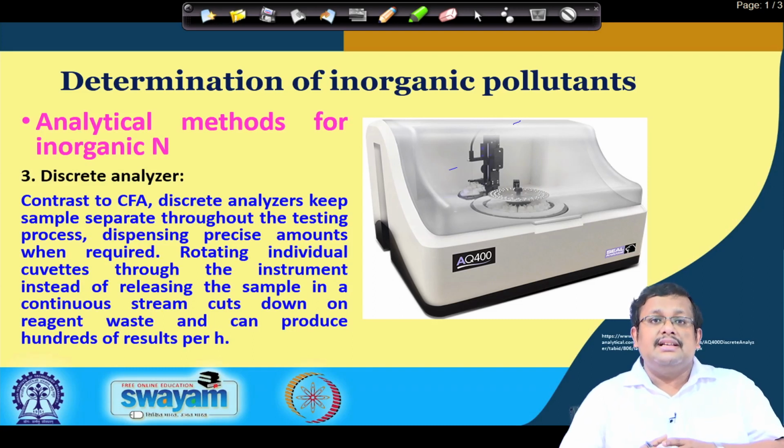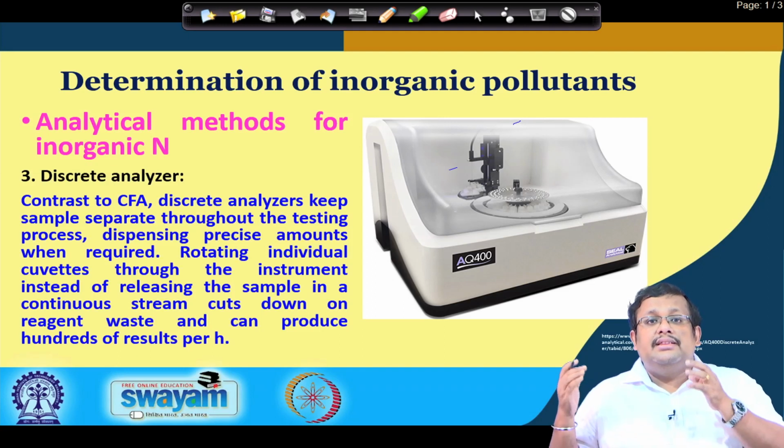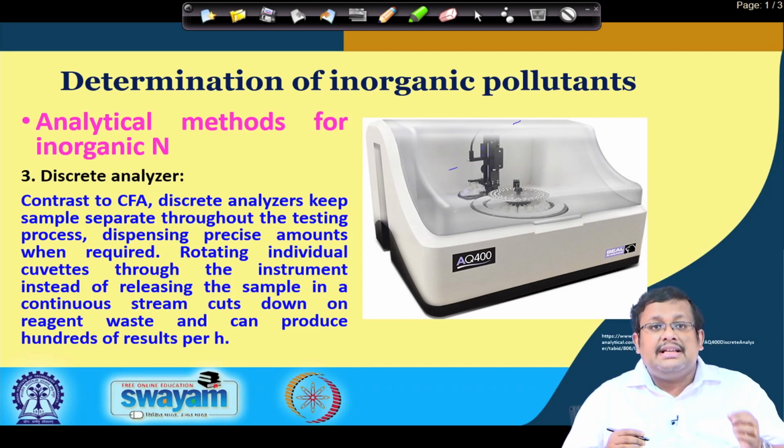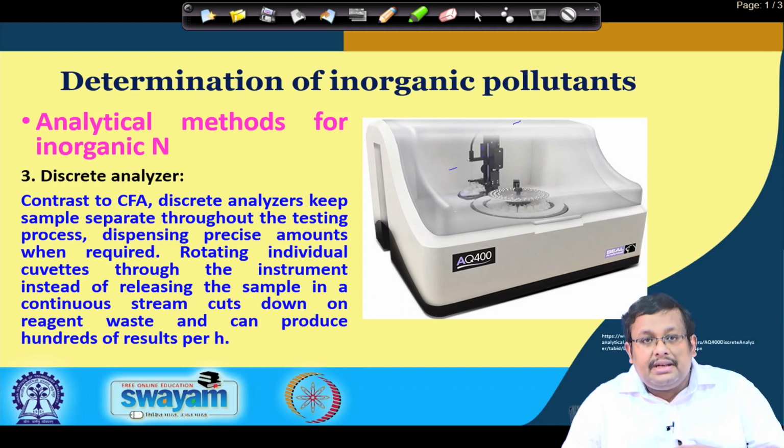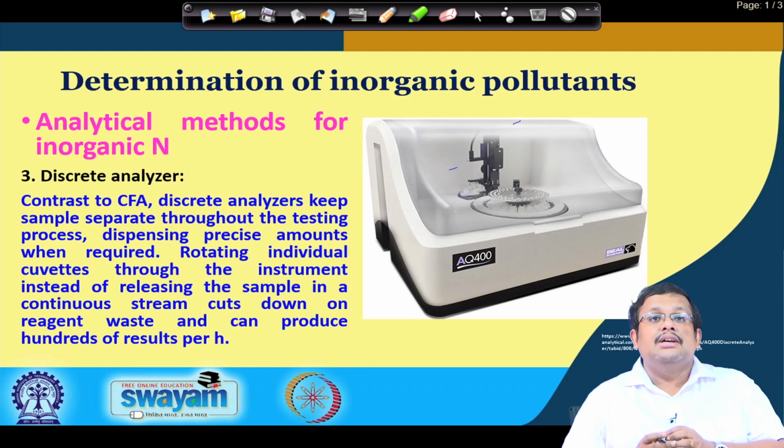However, in the case of the discrete analyzer, they keep the samples separated throughout the testing procedure, dispensing a precise amount when required. They rotate individual cuvettes through the instrument instead of releasing the sample in a continuous stream, and that cuts down reagent waste and can produce hundreds of results per hour.